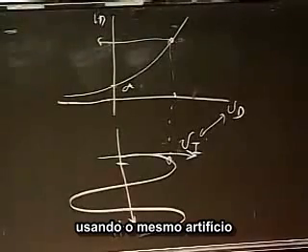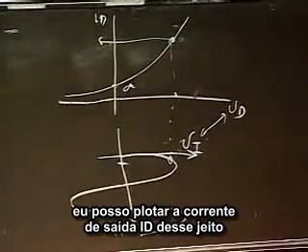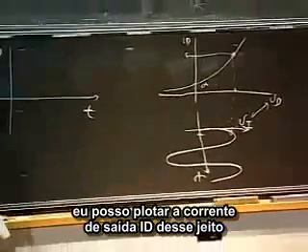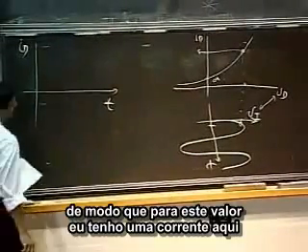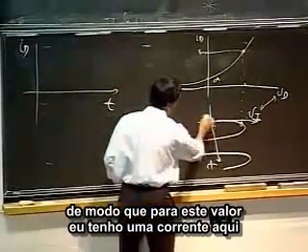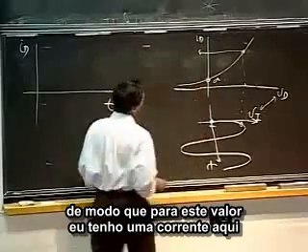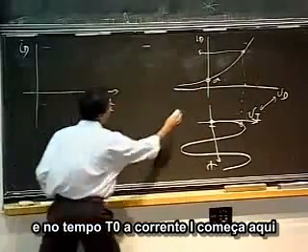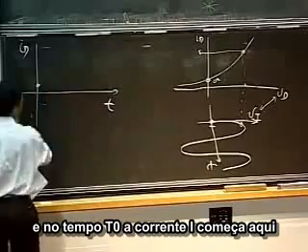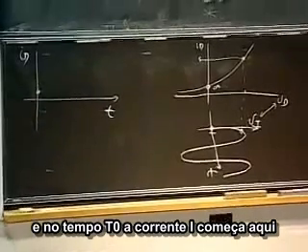Using the same artifice, I can plot the output current ID like so. So for this value, I get some current here. And so at time t0, I start here.